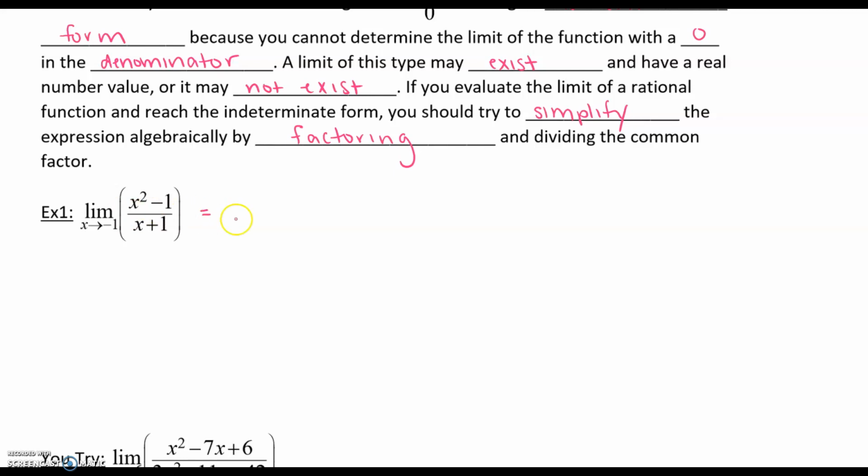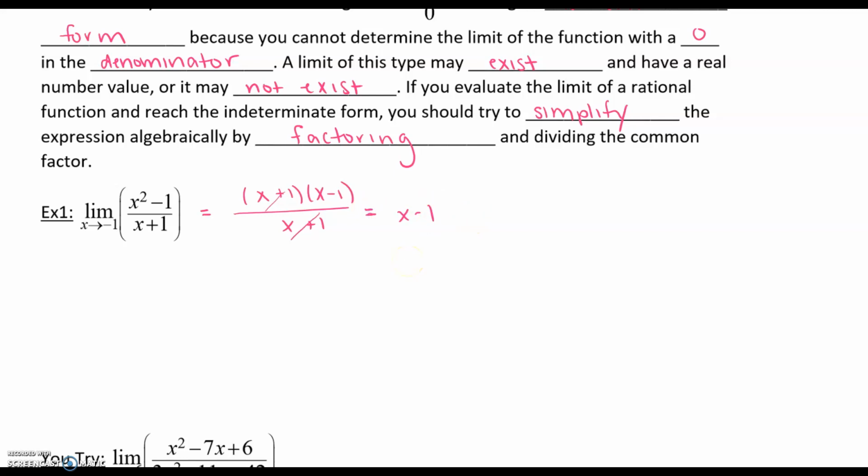So the numerator has a quadratic. I'm going to factor that, and this is a difference of squares, so that's x plus 1 times x minus 1. And then because we have an x plus 1 in the numerator and multiplication, and then an x plus 1 in the denominator, these are going to cancel, and we're left with x minus 1. So now I can redo and use direct substitution.